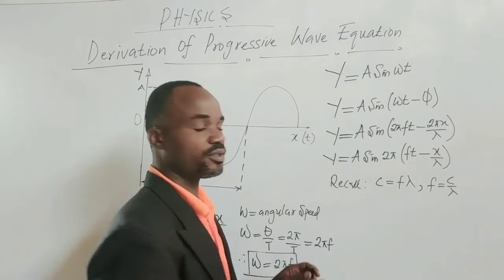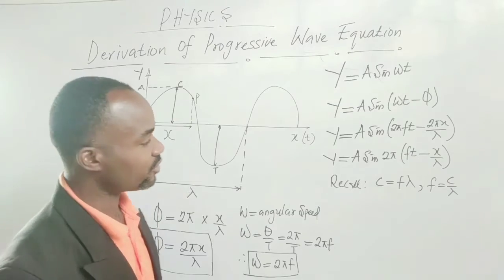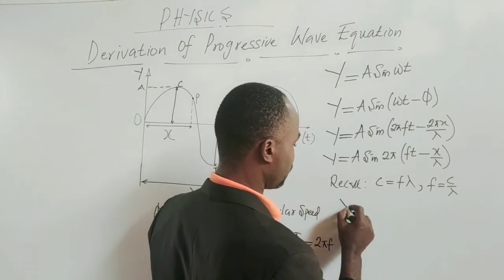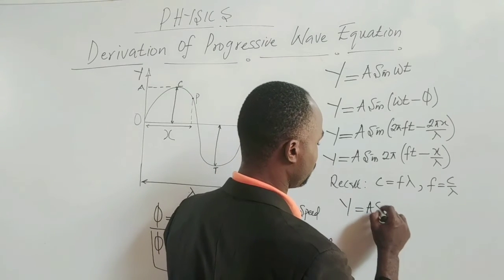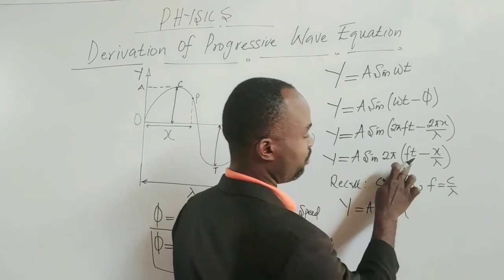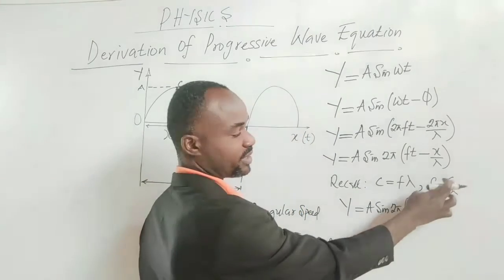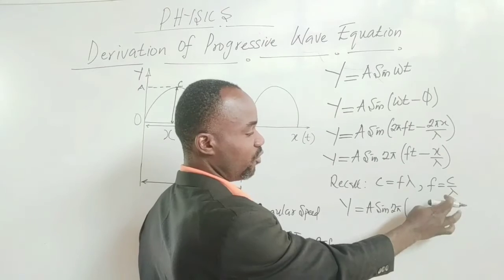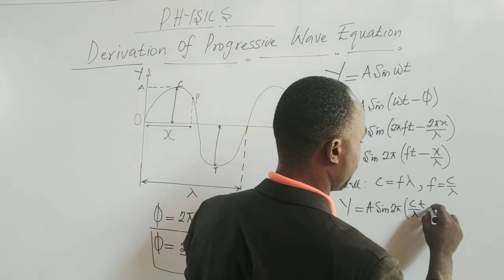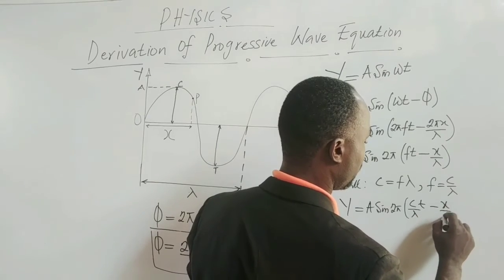Where we have frequency in the relation, we substitute. We now rewrite the relation as y equals amplitude sine 2 pi brackets, in place of frequency f we substitute c over wavelength, that is c over wavelength, and then t minus x all over wavelength.